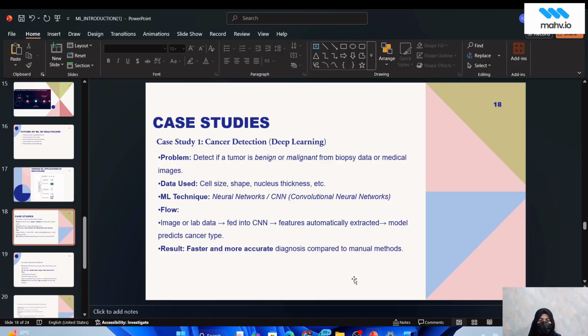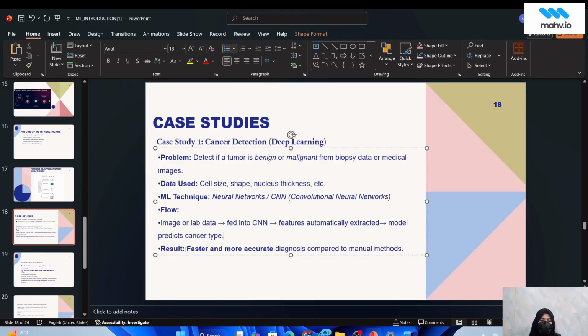That is neural network, CNN. The flow is that we collect the data about cell size, shape, nucleus thickness, and then we pre-process it. Image or lab data is fed into CNN, that is our chosen algorithm, and then features are automatically extracted, and then the model predicts cancer types.